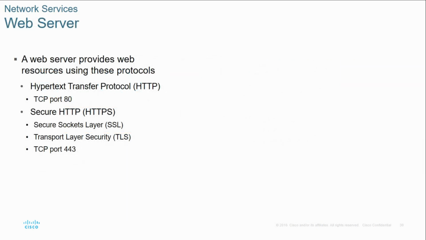A web server allows the clients to access different web resources using the Hypertext Transfer Protocol, or HTTP, or the Secure HTTP, or HTTPS. HTTP is a set of rules for exchanging text, graphic images, sound, and video on the World Wide Web.